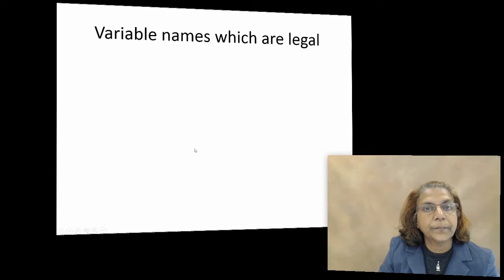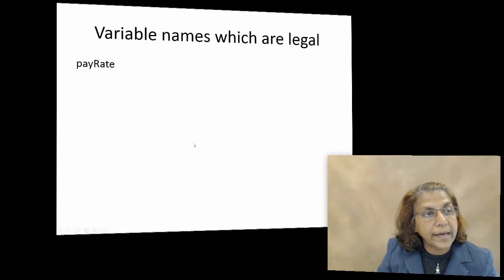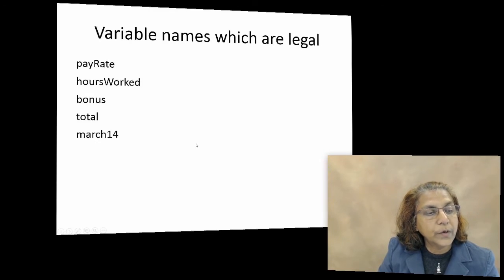We can't use it. But these are some of the legal variable names: payRate, hoursWorked, bonus, total, March14th, _November2nd, _November24th with an underscore at the beginning.